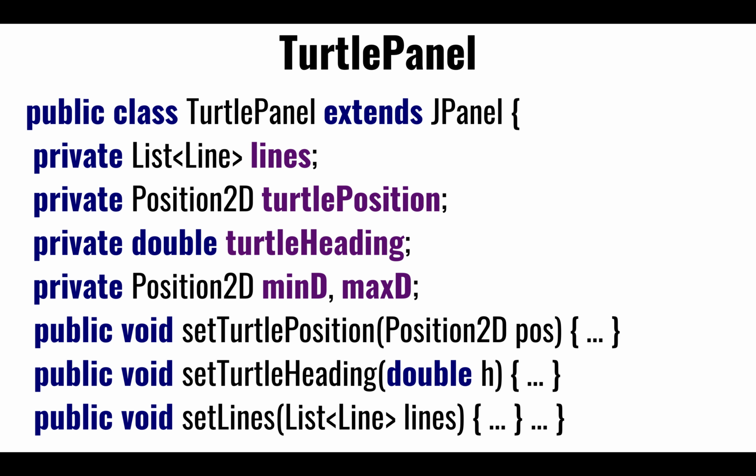Not that you would, but JPanel is generic enough that it's not representing anything. We can leave it blank, and then just use its inherited callback methods to actually draw on it. It's going to contain a couple of things in there. In particular, it's going to contain the list of lines that it needs to render on the canvas.